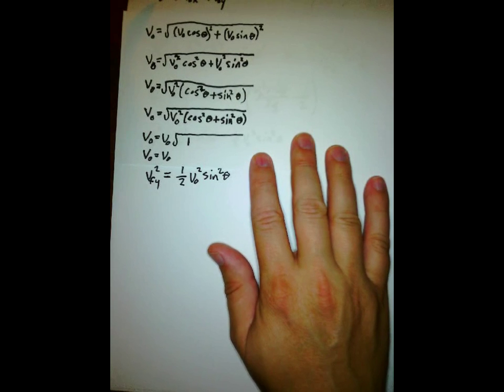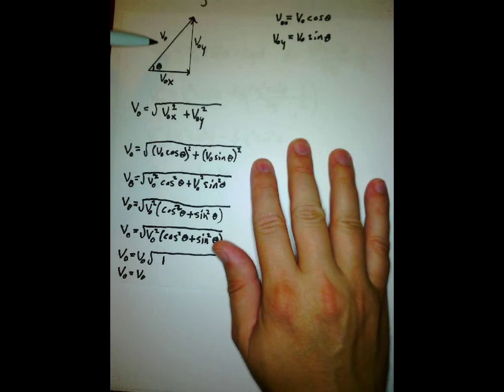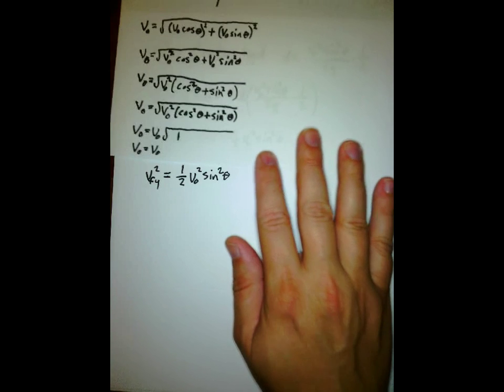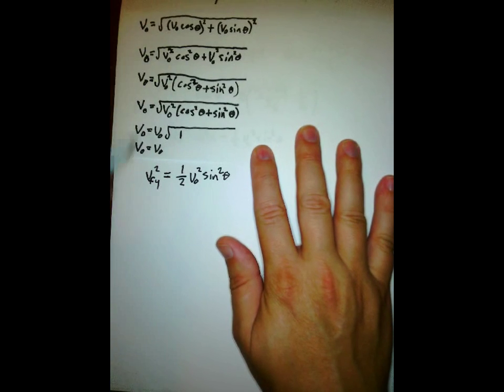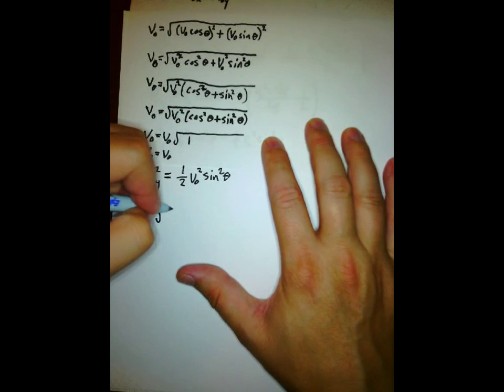This was my initial velocity, or the hypotenuse of my velocity vector, and so I'm going to do this same thing for V final. This is V initial. I'm going to do V final. Well, what's V final going to equal? V final is going to equal the square root.